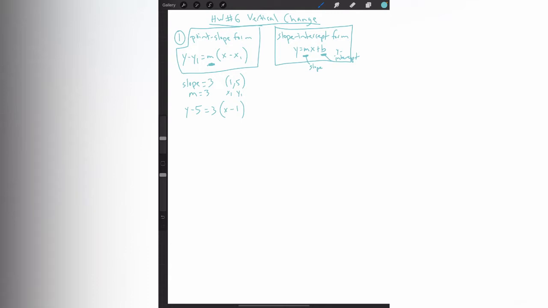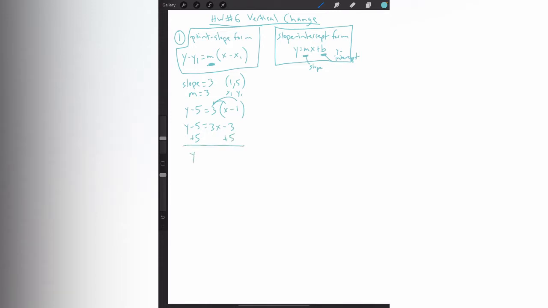Now, don't stop here. This is not simplified. If you give me this, I'm not going to accept it because I want it actually to be simplified. The way you would do that is continue. What's 3 times x using distributive property, and 3 times negative 1. 3 times x is 3x. 3 times negative 1 is negative 3. Okay, and then I'm going to go ahead and add 5 to each side.